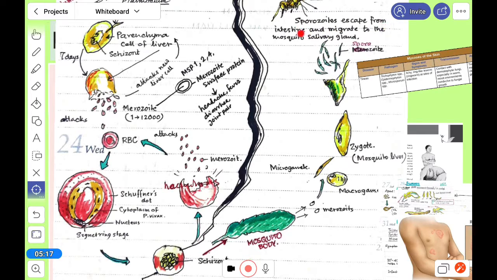This sporozoite migrates from the intestine to the mosquito's salivary gland. Again this mosquito will attack a healthy person. Then this sporozoite enters their body, forms merozoites and attacks the red blood cells. This is the cycle that you have to understand. Alright.